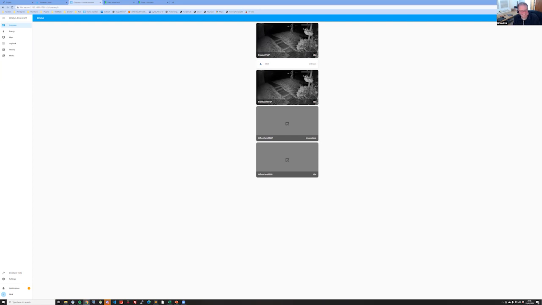Yes, that's a bit more difficult. Definitely. I'm sort of in the early stages. I see a comment asking about the Coral. They are a little bit tricky to get hold of, but you just have to keep an eye out for them. They do come up every now and again. I think they're a little bit easier to get hold of than an actual Raspberry Pi at the moment.